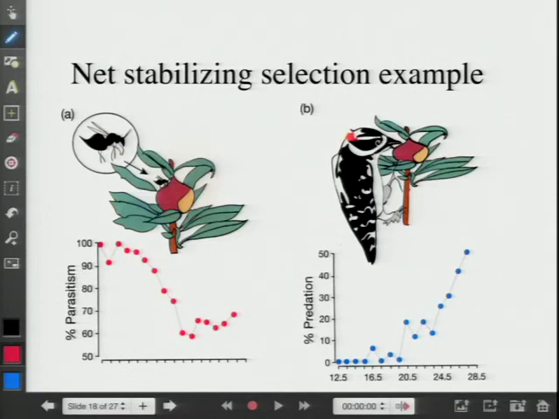Most traits have already been optimized for major features of the environment. Now, if the environment changes radically, then that would change what the best trait value is. But if the environment is relatively stable, then most traits are under stabilizing selection because they've already been optimized by selection to be good for that environment. That's major reason number one. Major reason number two is what I call trade-offs.